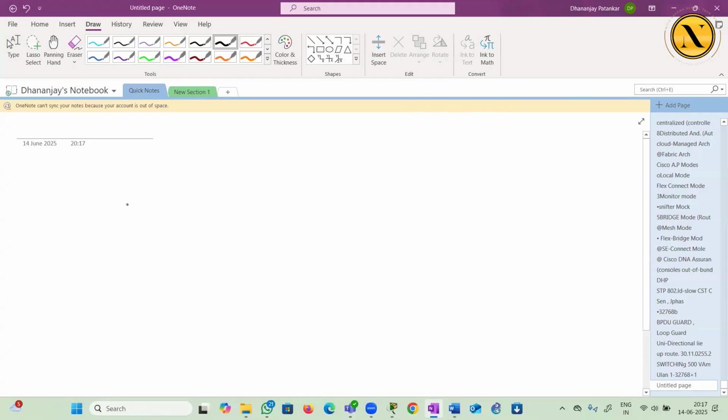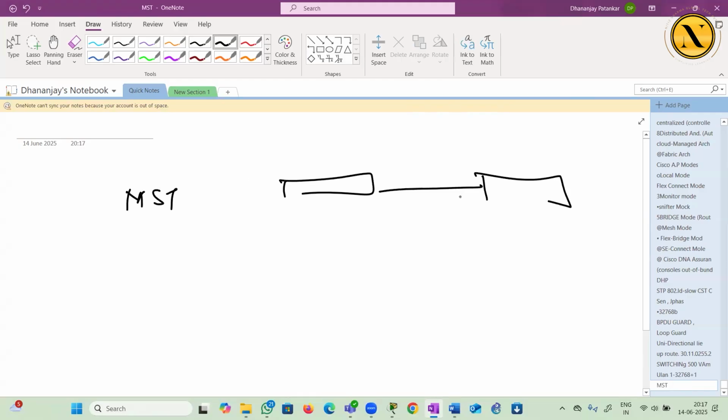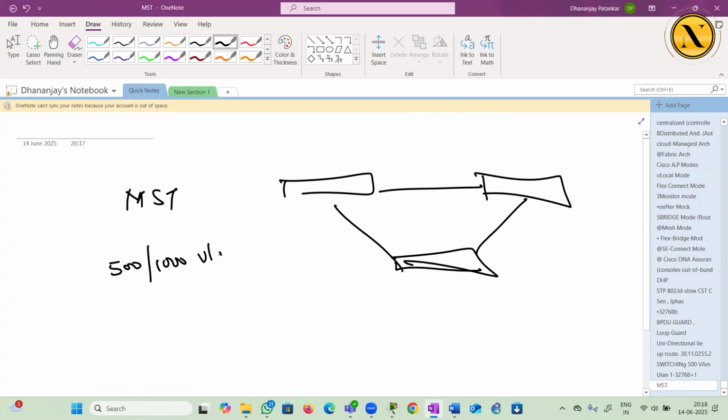But what MST does is multiple spanning tree. Even if you've got 500 or 1,000 VLANs, I mean n number of VLANs, unlike PVST or rapid PVST, you won't have 500 to 1,000 instances, right? When you get to the next course, we'll be doing the lab.